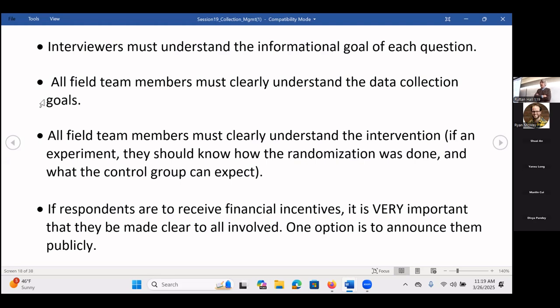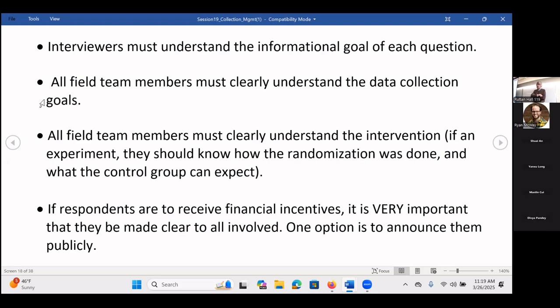This varies a lot across countries. Some countries do not want to do it because they say, look, if we don't do that in our country, and if you start doing it, then we're going to have to start doing it, and that's going to be a big headache for us. On the other hand, it may actually increase cooperation and reduce attrition if you're collecting panel data.